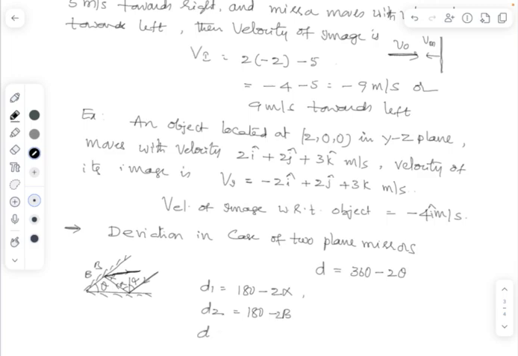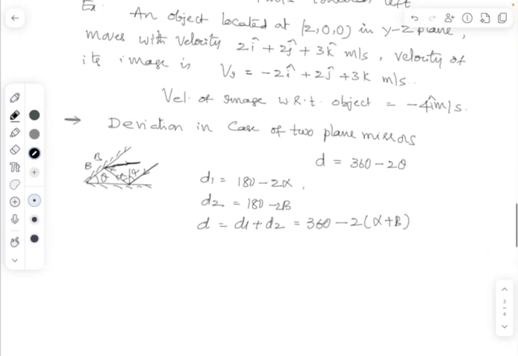Total deviation D equal to D1 plus D2 equal to 360 minus 2 into (alpha plus beta).